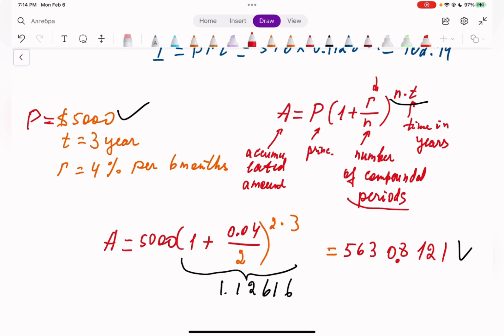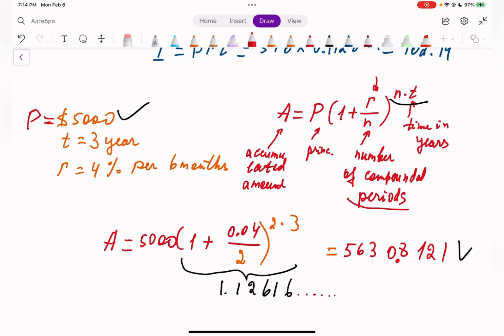So, 1 plus 0.02. I'm getting 1.02. And I'm raising to power 6. I'm getting 1.261624, and a bunch of decimals, and I'm not rounding in my calculator.